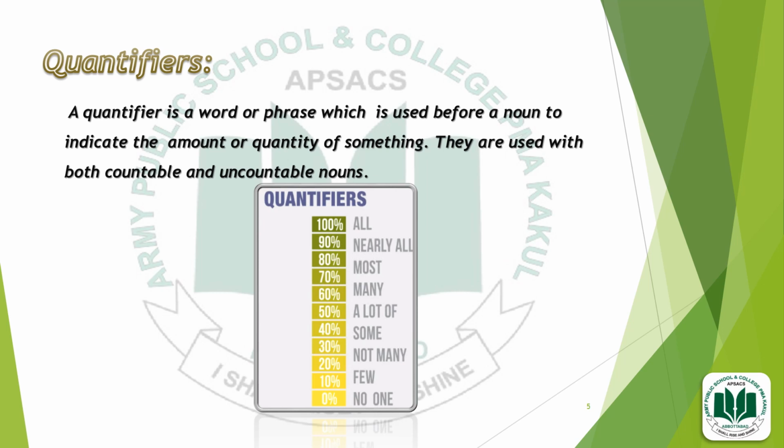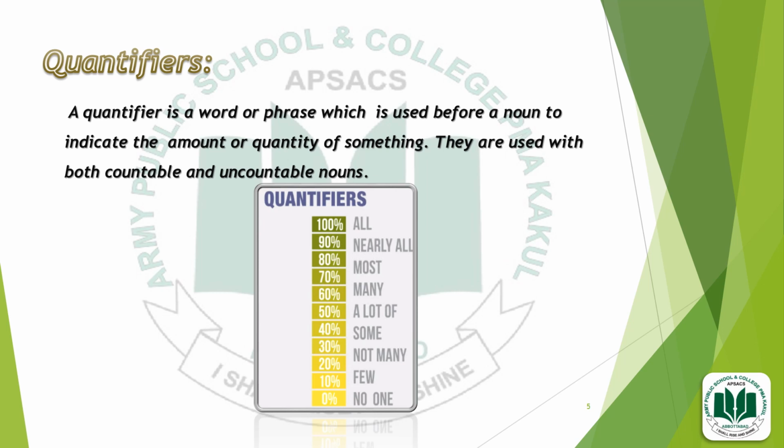Now in this flow chart you can see different quantifiers and the amounts which they show in percentage. Let's see them all. The first quantifier is all, and all shows 100% amount of something. Second is nearly all, it means 90%. Most means 80%.